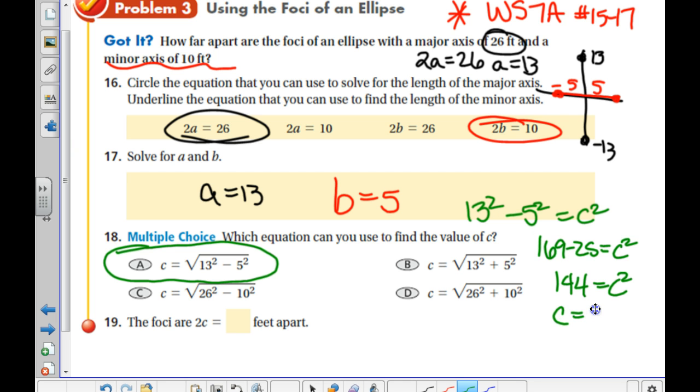So C is 12. The foci are at 12 along whichever axis happens to be the major one. We don't really know if it went up and down or sideways.